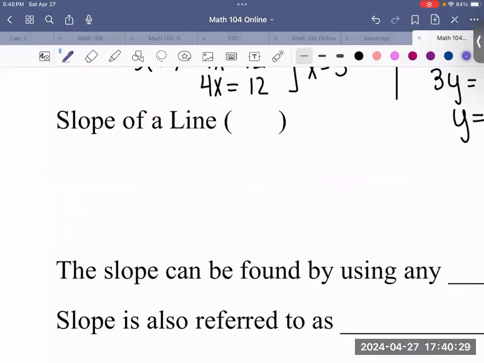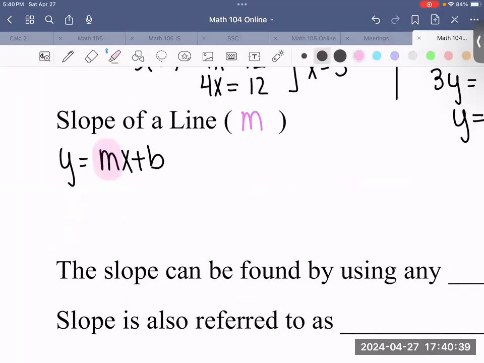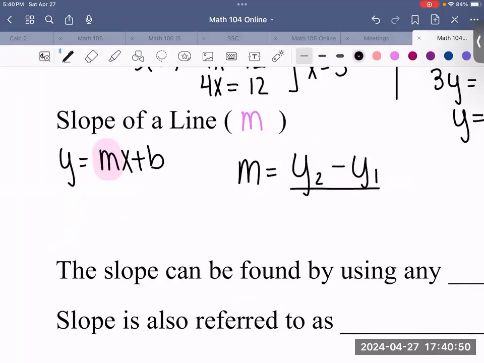The slope of a line, m, in y equals mx plus b, has an equation. This equation says m is equal to y2 minus y1 over x2 minus x1.